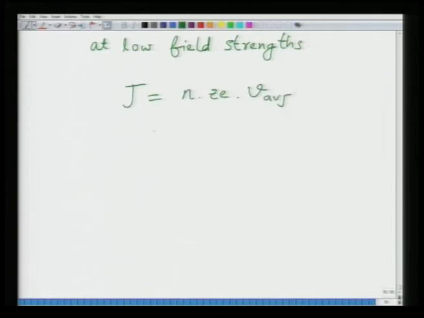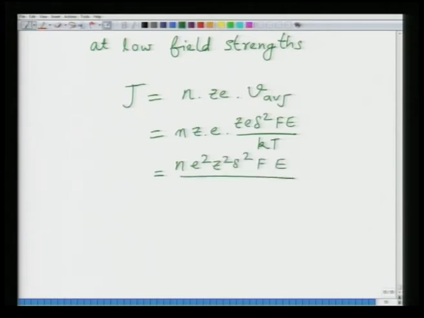So now this would be N Z E multiplied by delta square. What we wrote in the previous slide was Z E delta square F E divided by KT, right. So this becomes equal to N E square Z square delta square F E divided by KT. Okay. So now we know what is F.